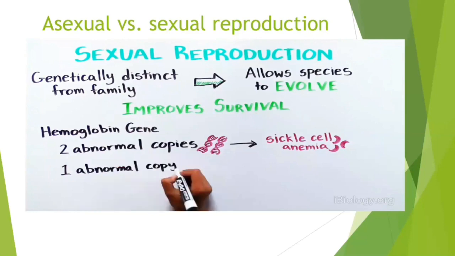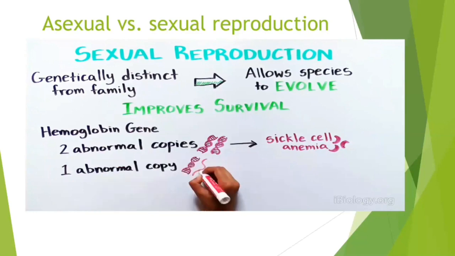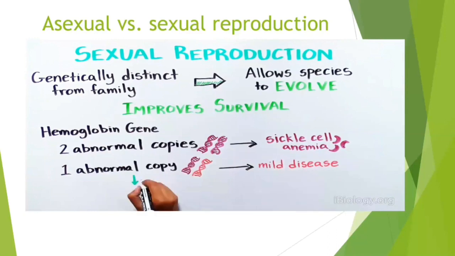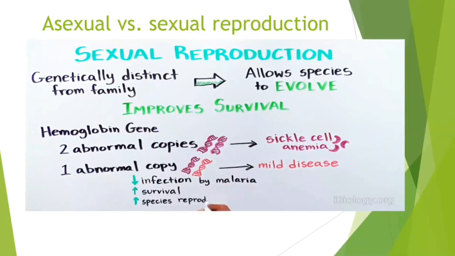Individuals who have only one copy of the abnormal gene have a much less severe form of the disease. Interestingly, heterozygous individuals are much less prone to infection by malaria, making them more likely to survive and have higher reproductive success in malaria-endemic areas. This example shows how sexual reproduction can produce offspring who are genetically distinct from their parents and are better suited to survive under certain environmental conditions.